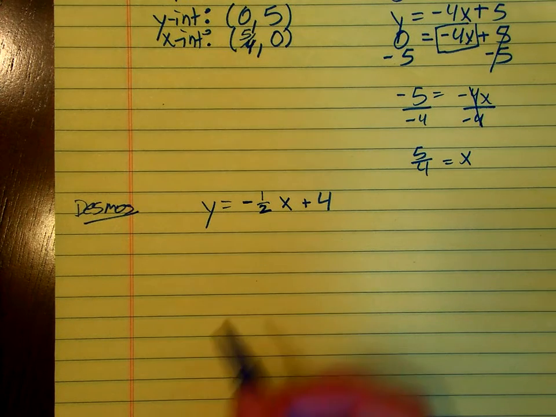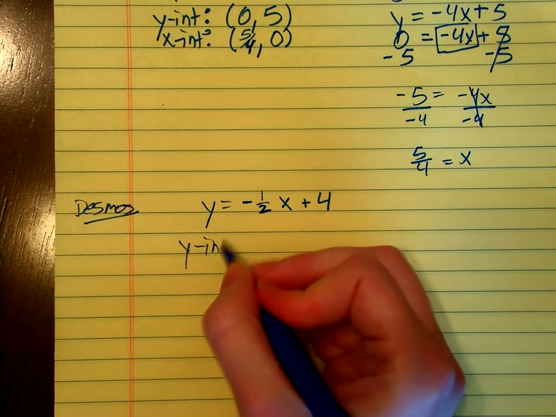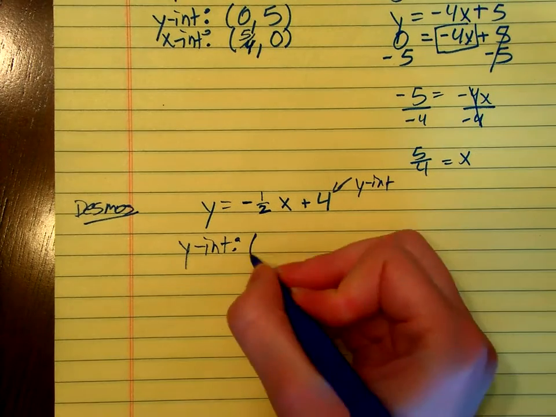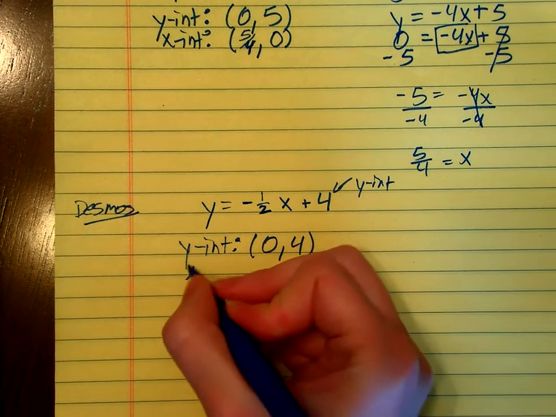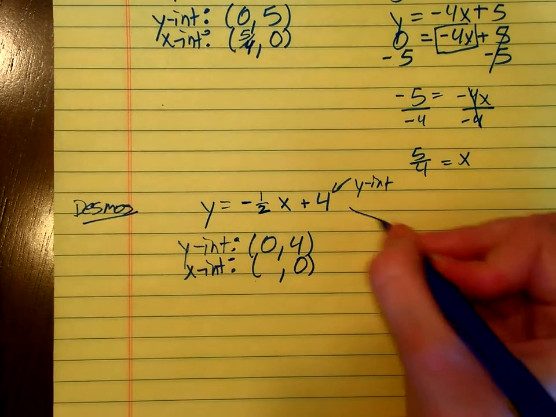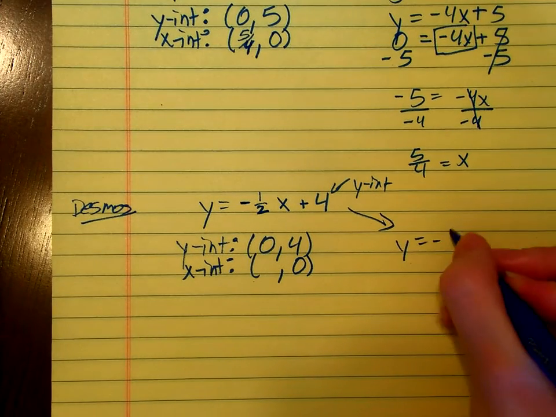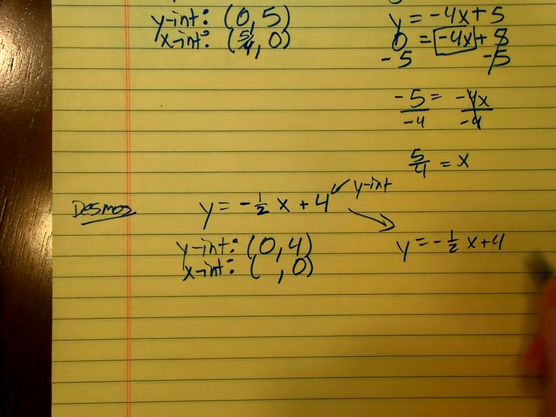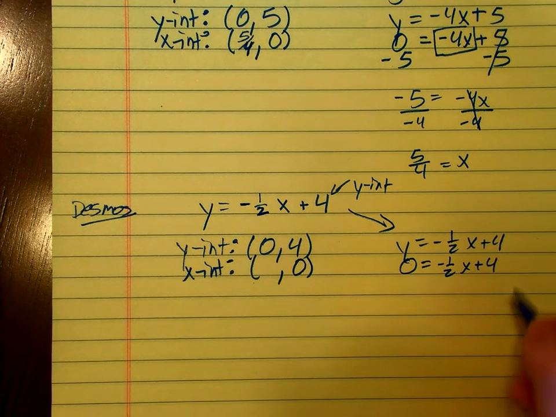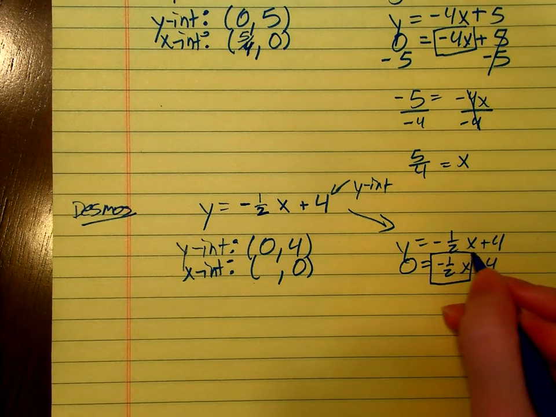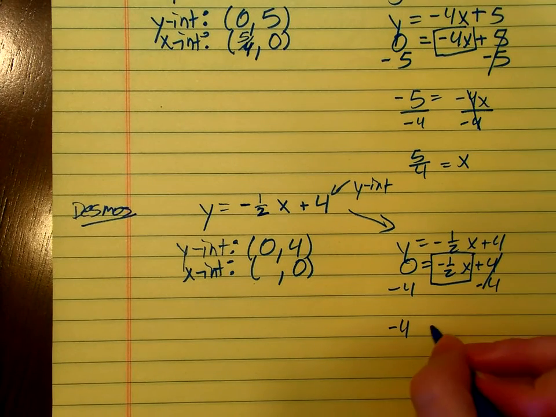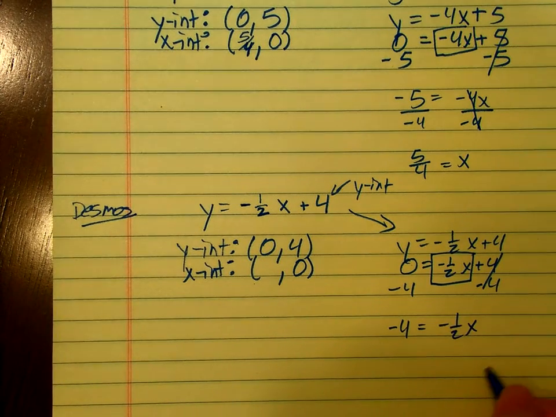Alright, welcome back. Our y-intercept, as always, they gave us, so that's going to be 0, 4. Our x-intercept we know will be some number, comma 0. So we take our equation, I'm just going to rewrite it for clarity, and then we plug in 0 for y. Now we've got to get x by itself, so I subtract 4 from both sides. I get -4 equals -1/2 x.